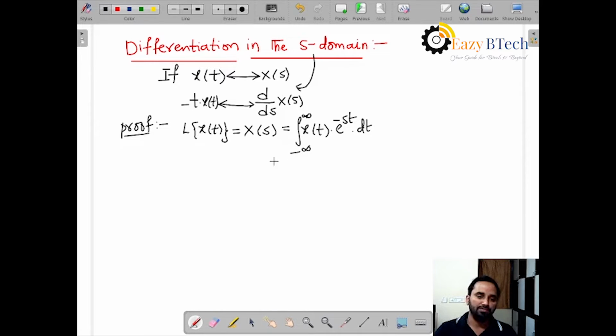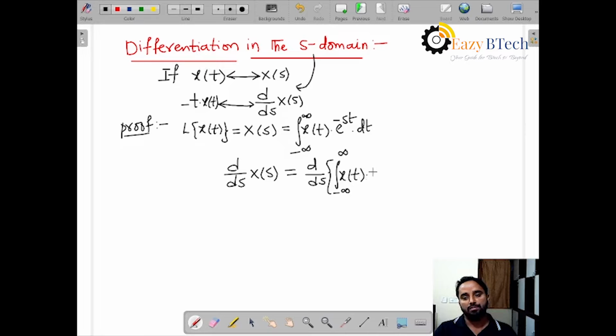Now we differentiate X of s with respect to s, that means d by ds of X of s equals d by ds of this total integral. Here we have integration with respect to t and differentiation with respect to s. Therefore, they do not cancel because they are not in the same domain.